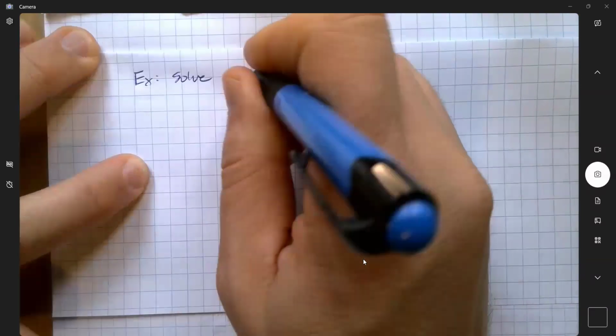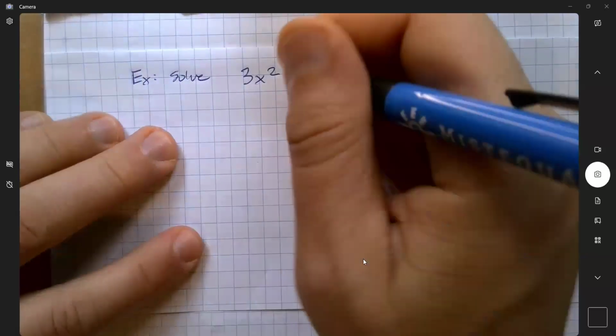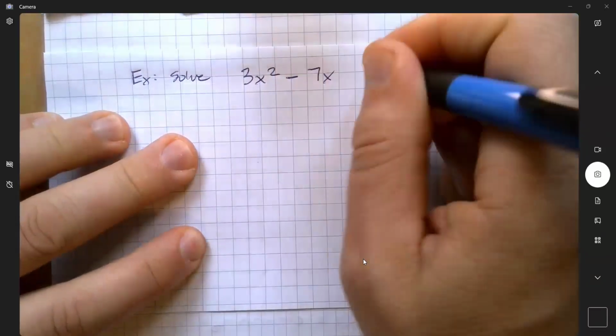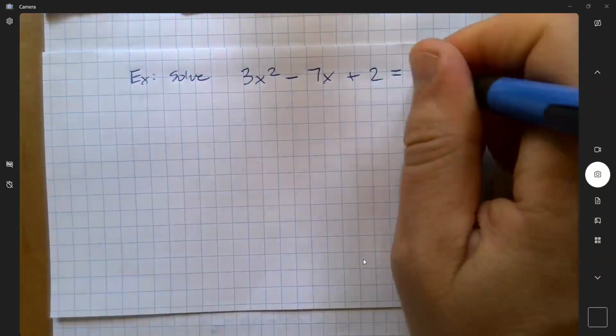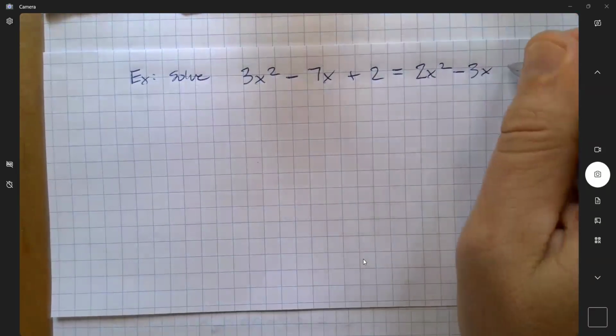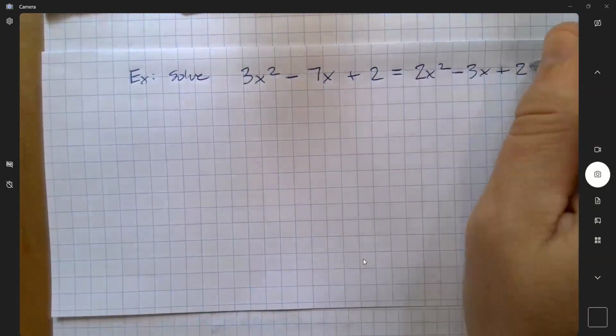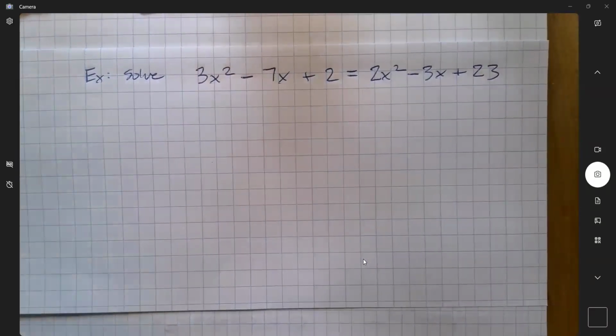Let's solve 3x squared minus 7x plus 2. And I'm going to have that equal 2x squared minus 3x plus 23. I'm jumping all the way up to a pretty complicated example, but the key is I've got quadratics and they're not equal to 0.